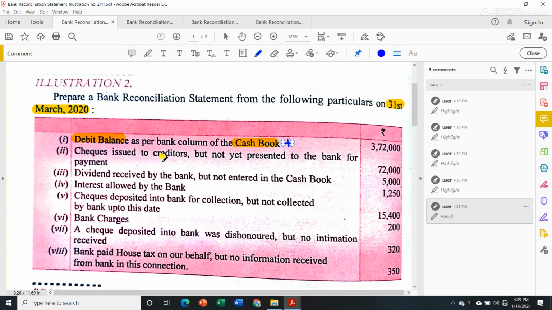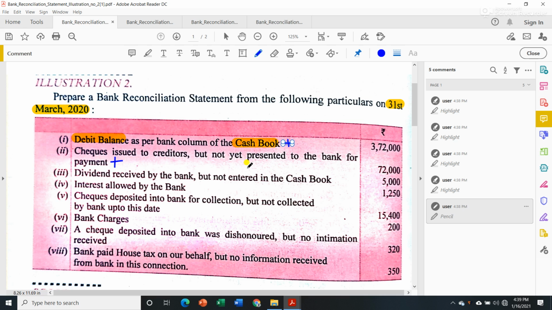That means our passbook is showing 72,000 more than our cash book. So in that case, we will try to bring up the cash book's balance by 72,000, and that we can do by adding the amount.